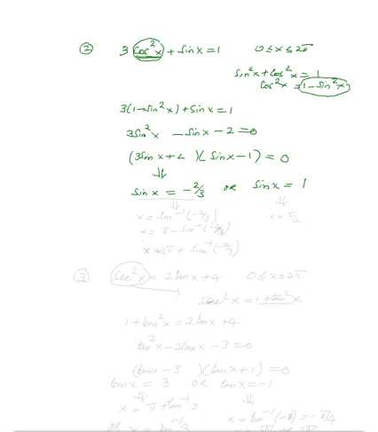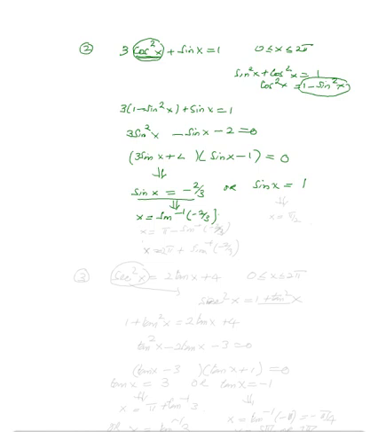Now this will give us two solutions between 0 and 2 pi. One of them is x equals sine inverse of negative 2/3, which is of course going to be a negative answer, so we had to subtract this from pi.